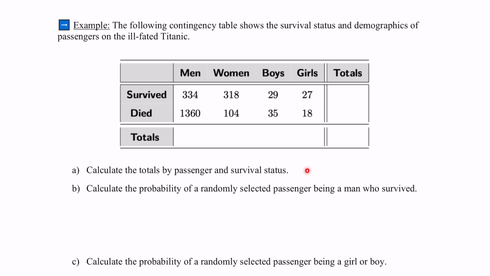Let's begin with part A. Calculate the totals by passenger and survivor status. First, we'll calculate the column totals. For men, 334 plus 1360, that is 1694 men in total.